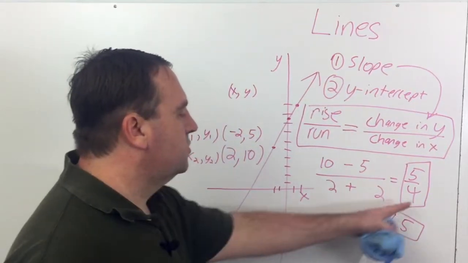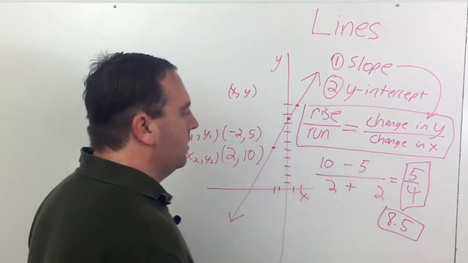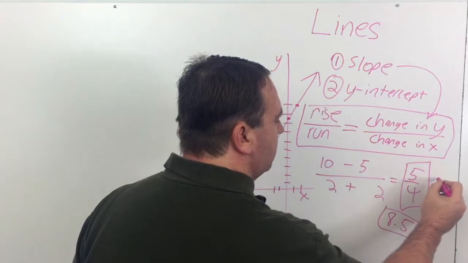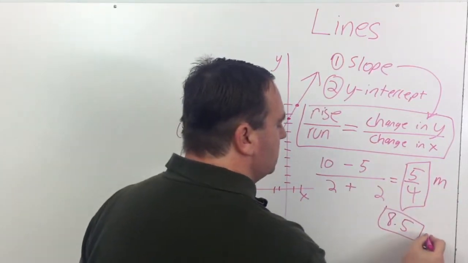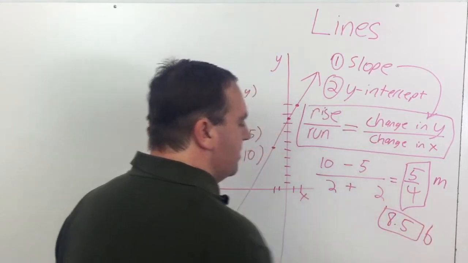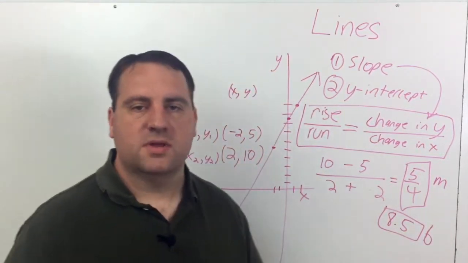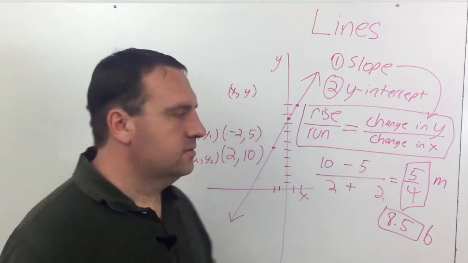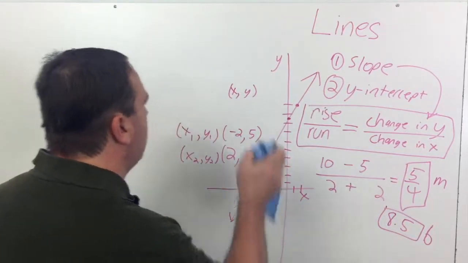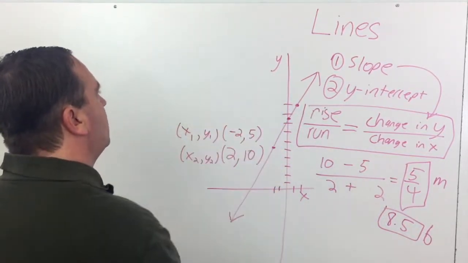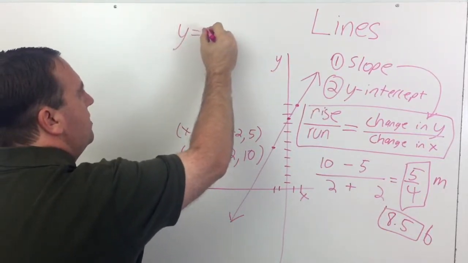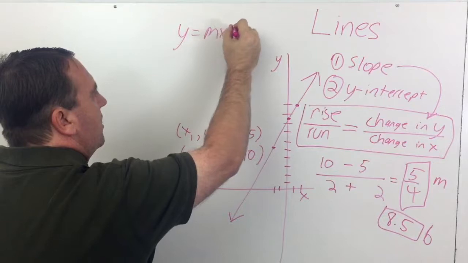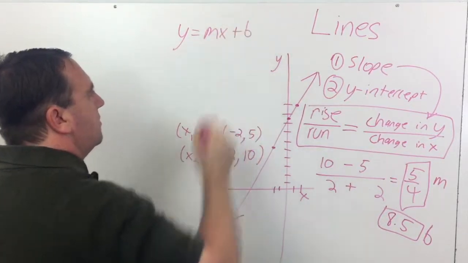And so with these two numbers, our slope, which is oftentimes labeled as m, and our y-intercept, which is oftentimes labeled as b, we can determine the equation for our line. Because the equation for a line is given by the formula y equals mx plus b.